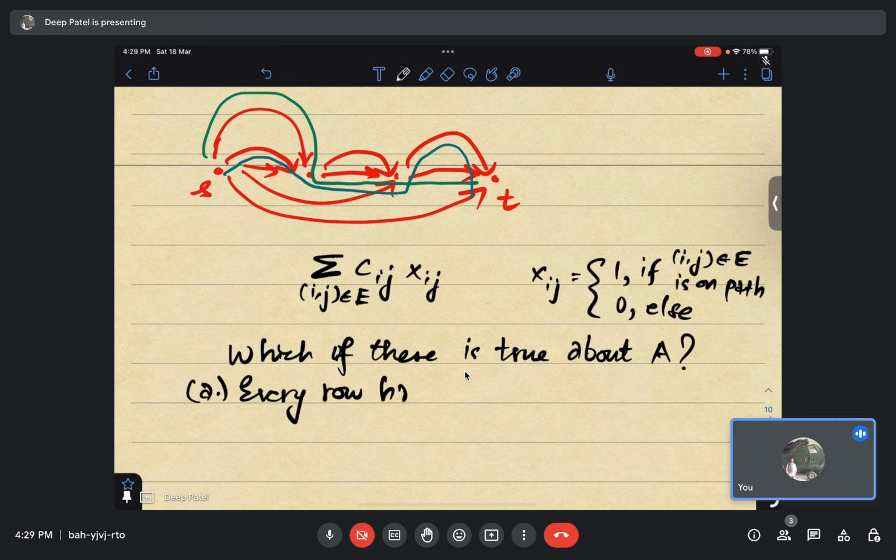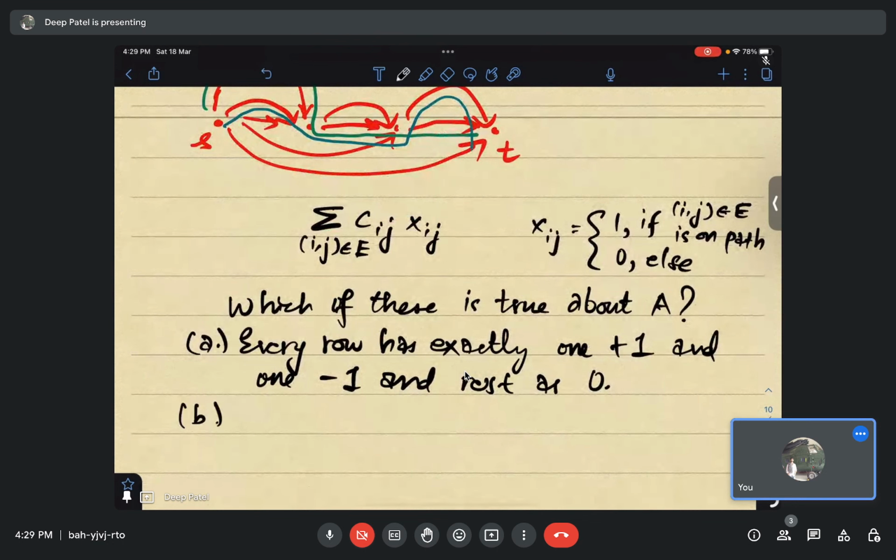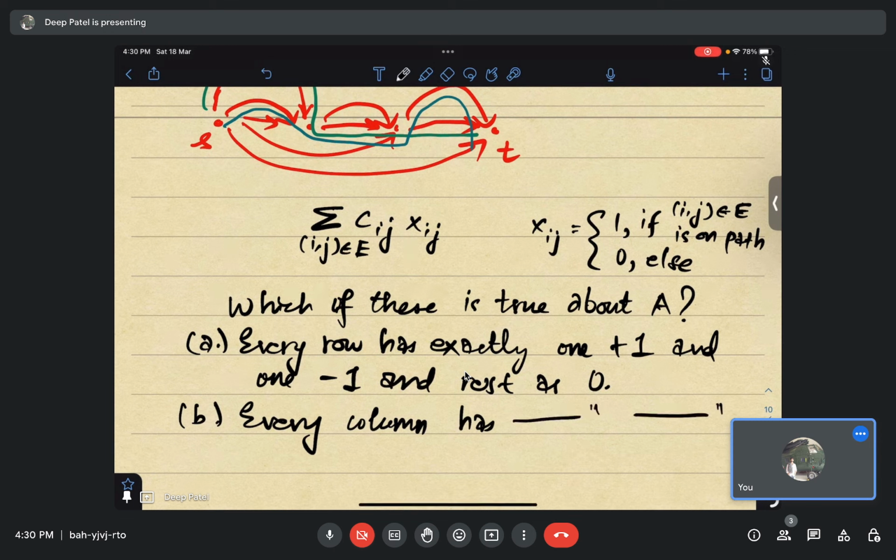Every row of A has exactly one plus 1 and one minus 1, and the rest zeros. Or the same thing, but every column instead of row. So every column has exactly one plus 1 and one minus 1 and the rest 0.